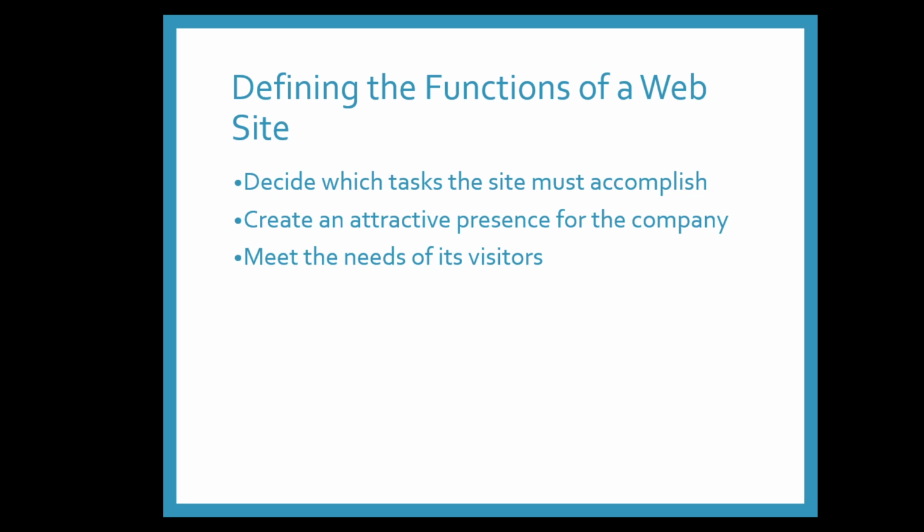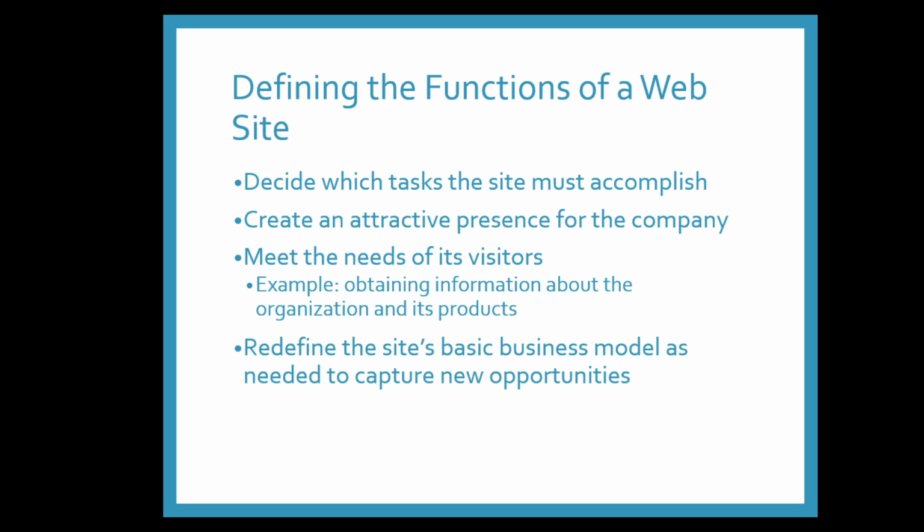So let's say we have a sneaker website. You can easily browse the different brands of sneakers, like Jordan, Nike, Adidas, and more. Next is redefining the site's basic business model needed to capture new opportunities.